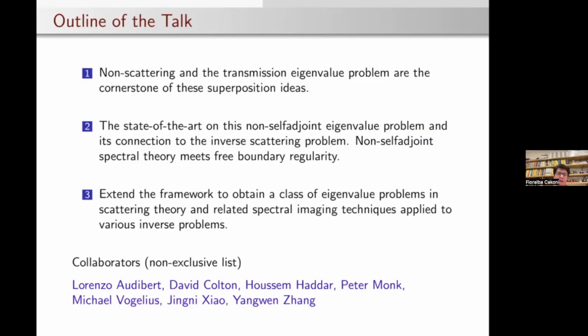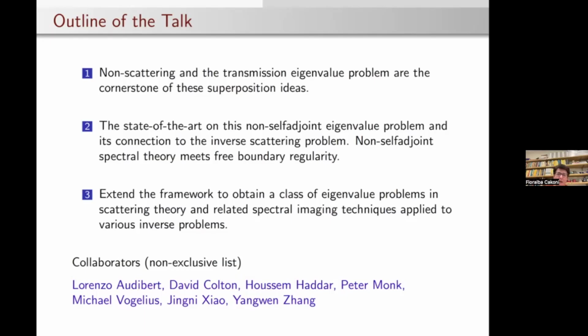Then I'll briefly discuss the state of the art of the transmission eigenvalue problem. I'll tell you what is the fundamental connection between this non-self-adjoint eigenvalue problem and non-scattering wave numbers, non-scattering phenomena. And mathematically, this is where non-self-adjoint spectral theory meets the so-called free boundary regularity.